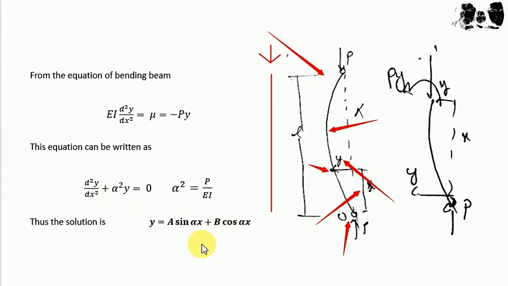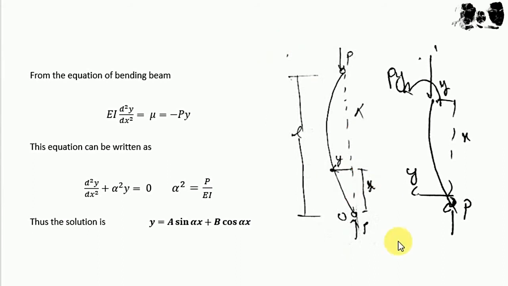So to solve this particular condition, we need boundary conditions. So let's just get what the boundary conditions are. If we try to figure out in this figure, we can easily say if x is equal to 0, what is the value of y? Sure, the value of y is also 0. That is the first condition.